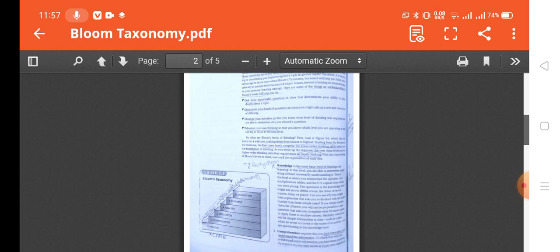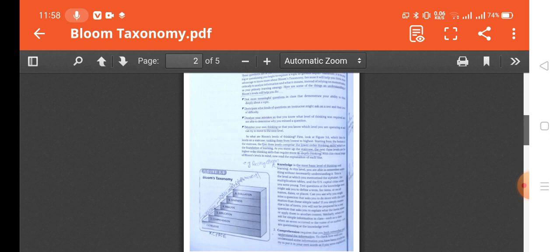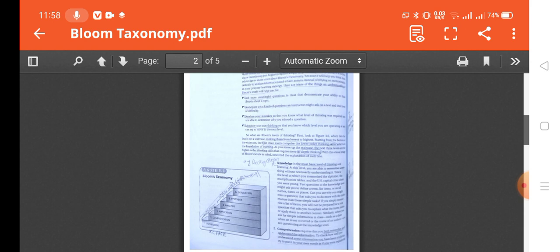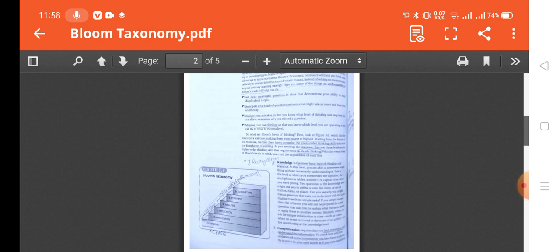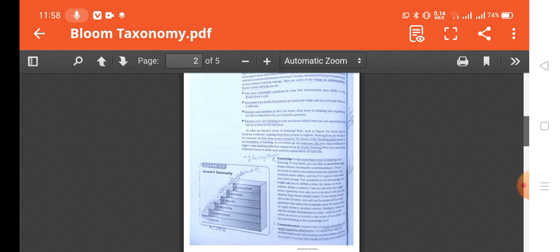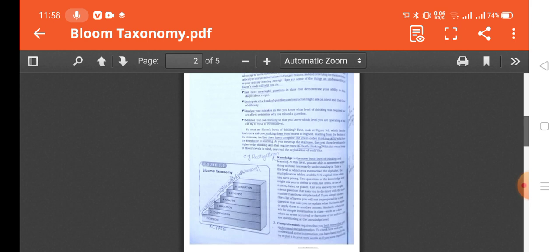Bloom's taxonomy will help us to understand, ask more meaningful questions in class and demonstrate your ability to think deeply about a topic, and anticipate what kind of question an instructor may ask on a test, and how to tackle such questions. It helps you analyze your mistakes so that you know what level of thinking is required, determine why you missed a question, and monitor your own thinking so that you know which level you are operating at and can try to move to the next level.